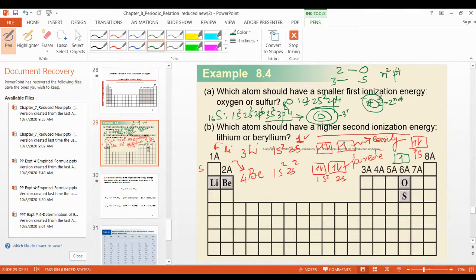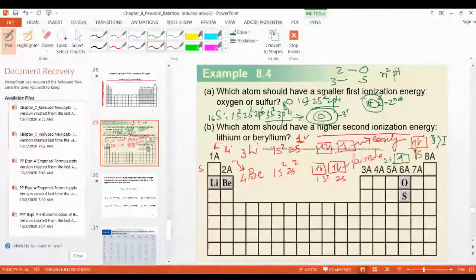So first is easy. But the second electron is very difficult from here as compared to this, because this is only a single electron in the second orbital. This is the first orbital. It is very close to the nucleus. This is highly bonded. So the second ionization energy is greater than the first ionization energy.